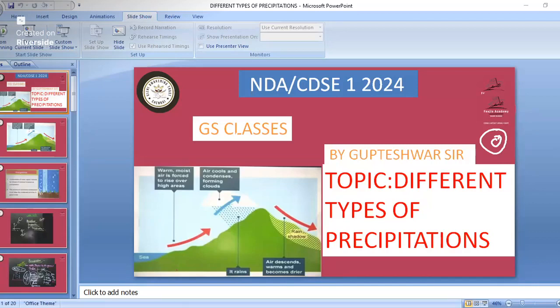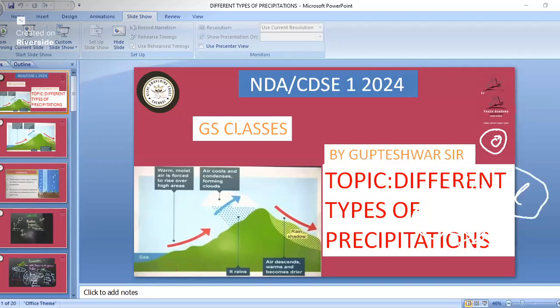How much actual? See, in the lower part, what is happening? Here we have 40 degrees Celsius. At 40 degrees Celsius, this particular droplet, or you can say dust particle, has a moisture holding capacity of about 1000 milliliters.